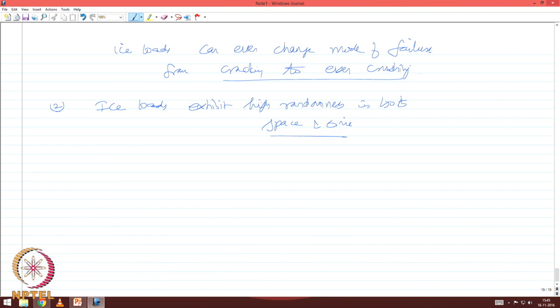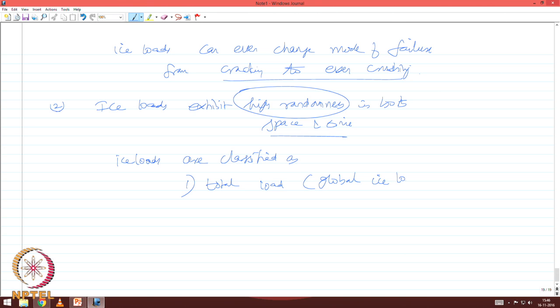Based on this randomness, ice loads are classified as one, total load, otherwise called global ice load, two, local load, which results in pressure.